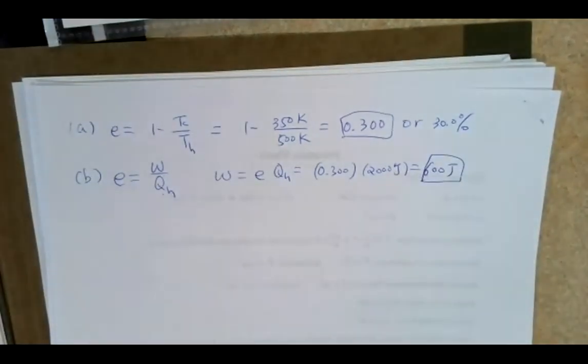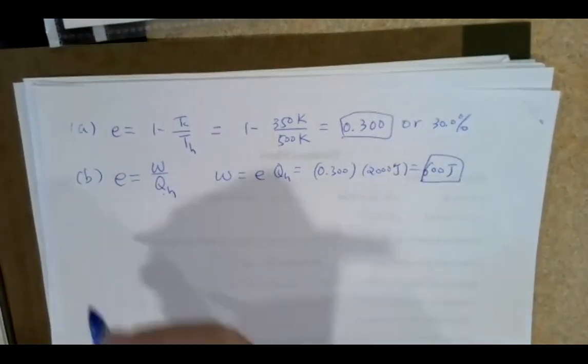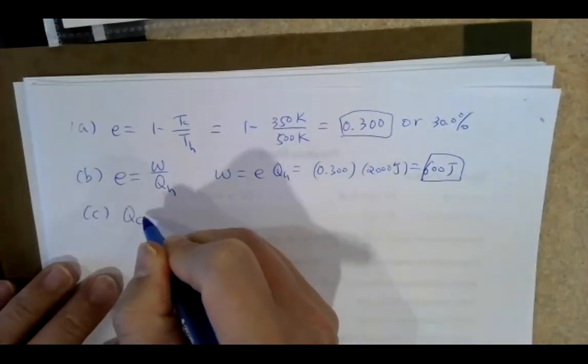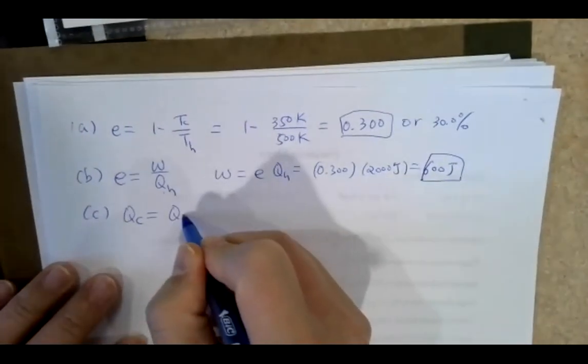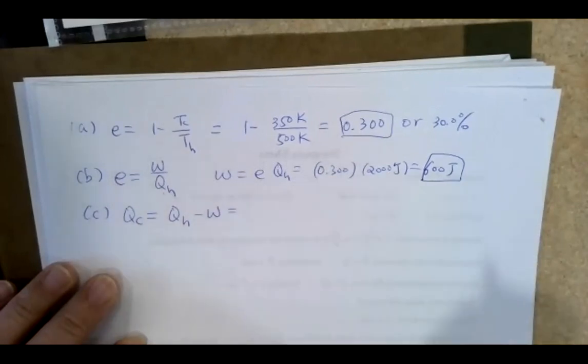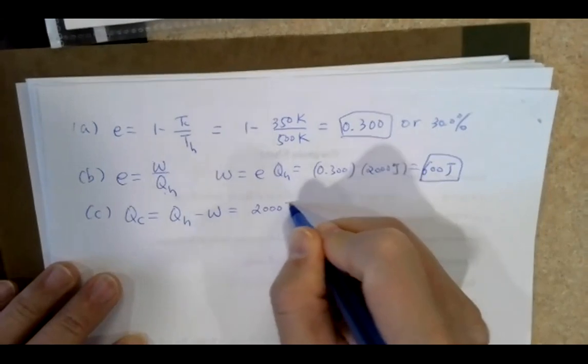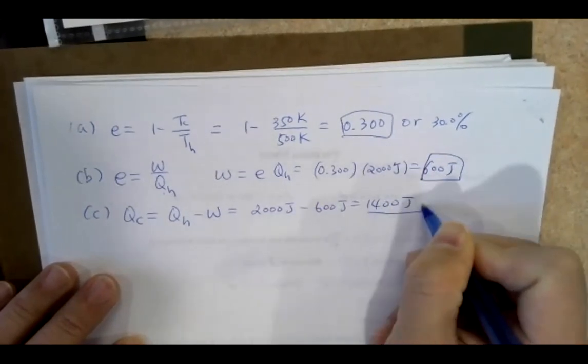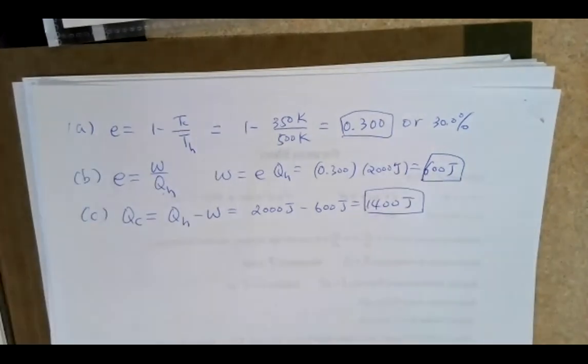That's how much work is done. The last part is looking for QC, which is QH minus W, that is 2000 minus 600, which is 1400.